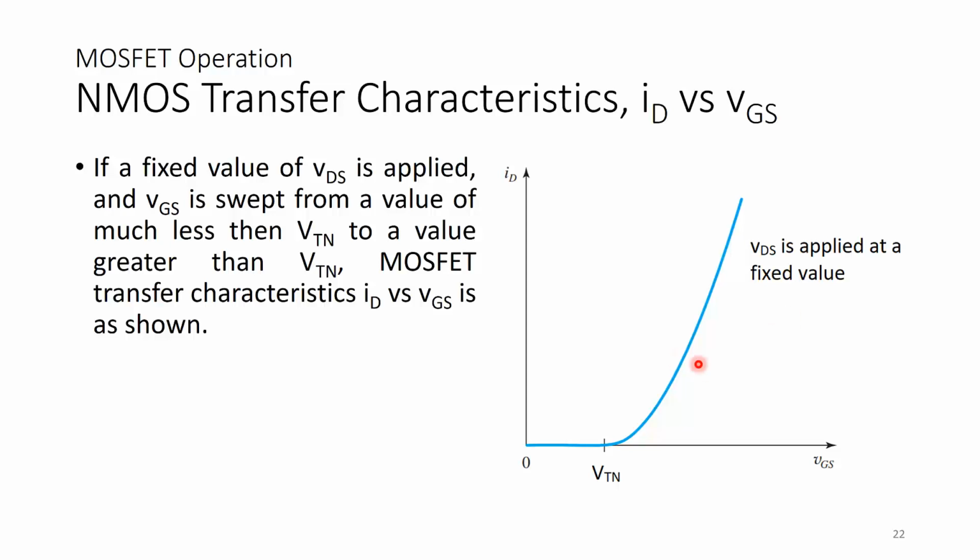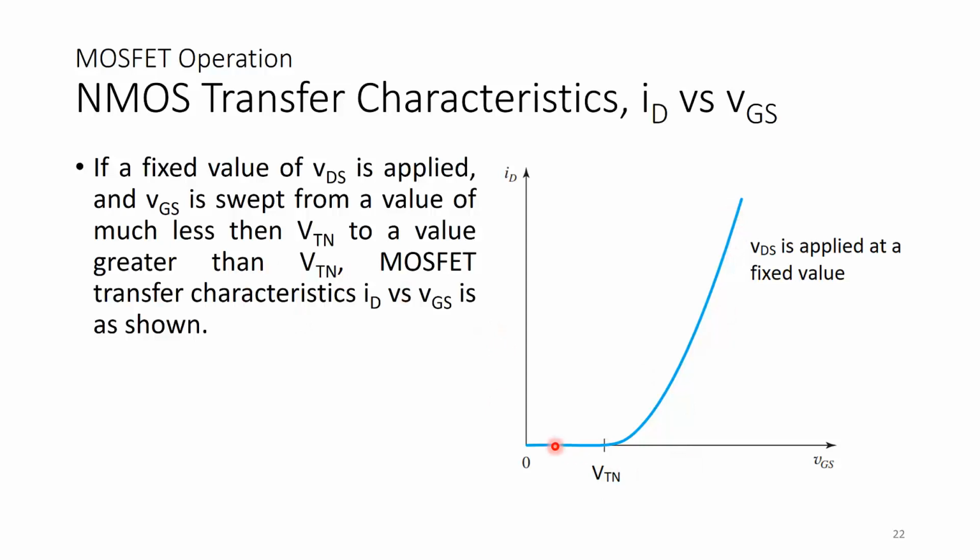VGS, the gate source voltage, which is the voltage across the MOS capacitor, is swept from a value much less than the threshold voltage VTN to the value VTN and to a value greater than VTN. The MOSFET transfer characteristic, ID versus VGS, is as shown.